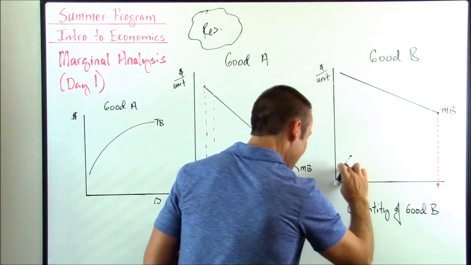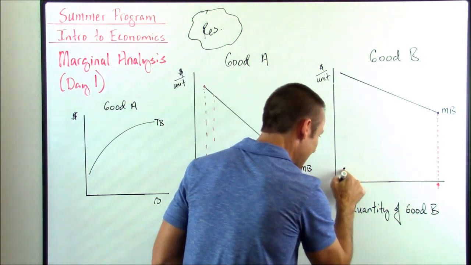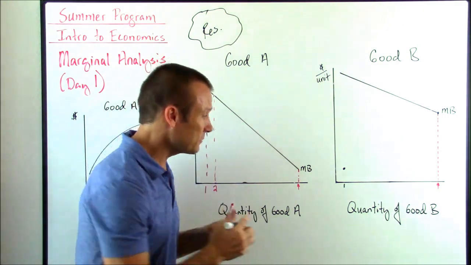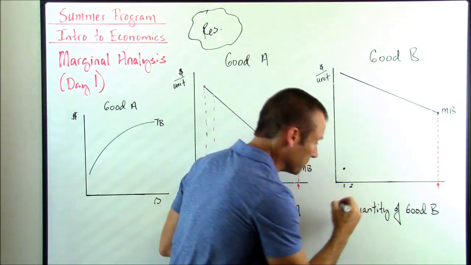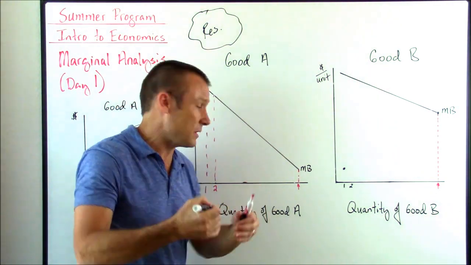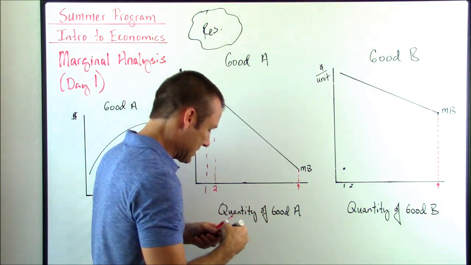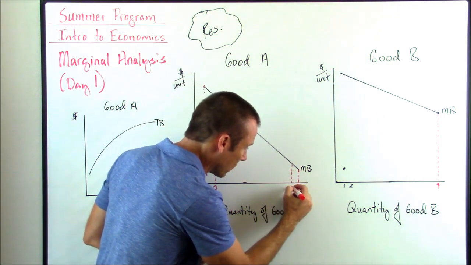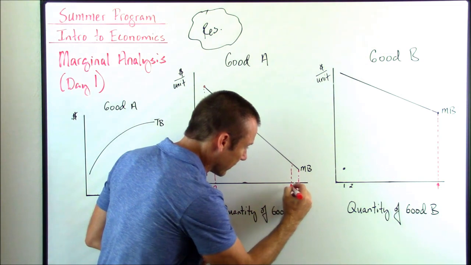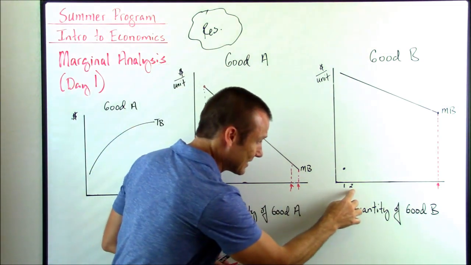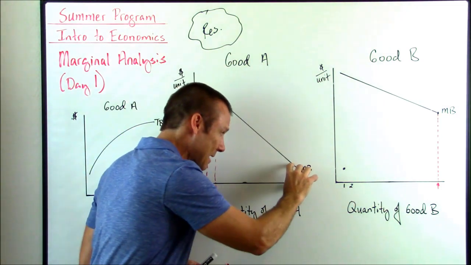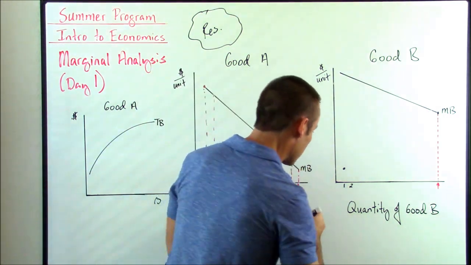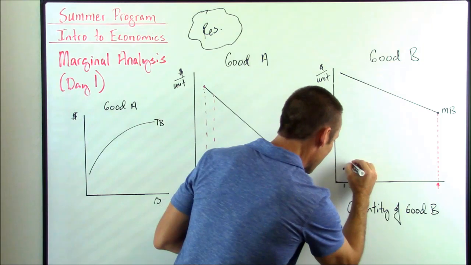So guys, that is our first dot on our marginal cost curve for good B. Now let's say, hey, let's make another unit of good B. To make another unit of good B, we're going to have to forego another unit of good A. So we're going to have to forego this one also, right there. So the cost of making the second unit of good B is that much. That's what we're foregoing. That's our opportunity cost. So let's go ahead and put a dot right there.